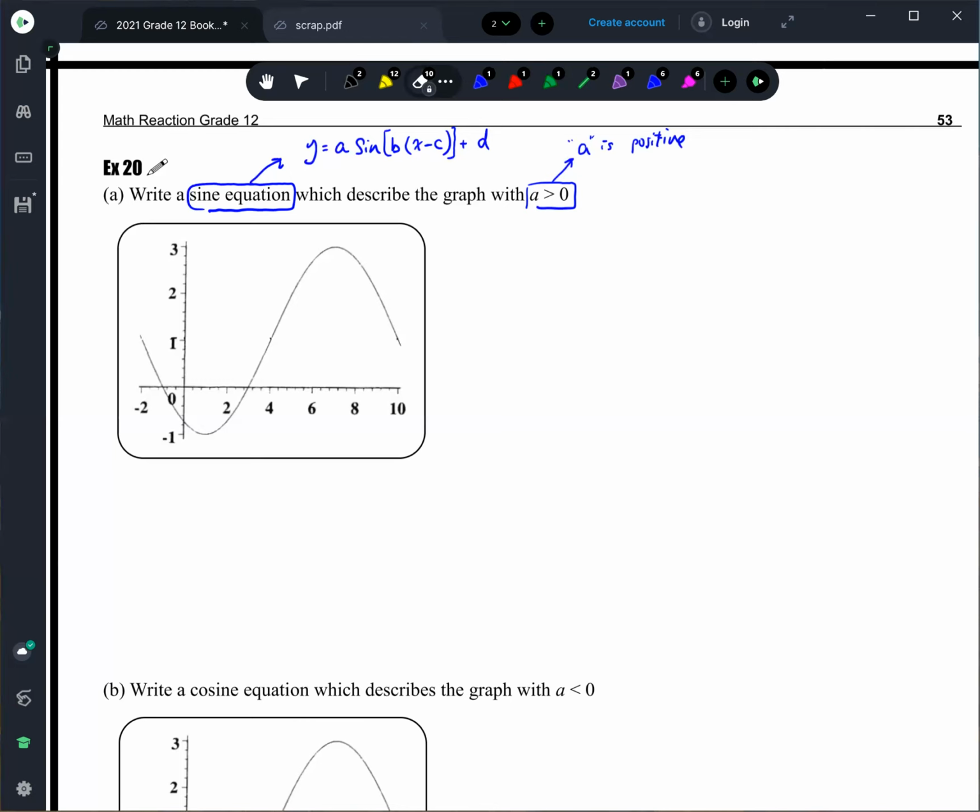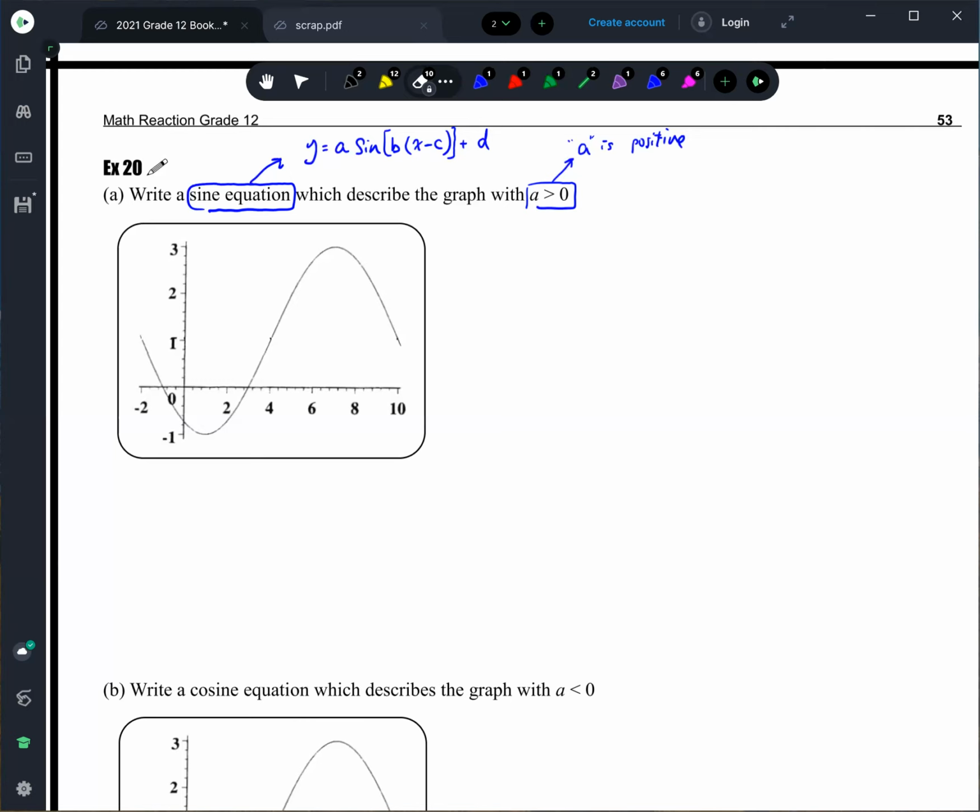Yes, x-axis. So if A is negative, we get reflection over the x-axis. If A is positive, no reflection. In this case, we want the A to be positive. Also the A tells us the amplitude, if you ignore the negative sign. So make sure you write this down. These are the keywords you need to pay attention to.